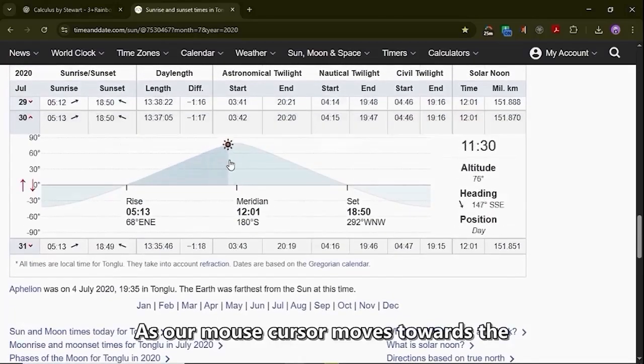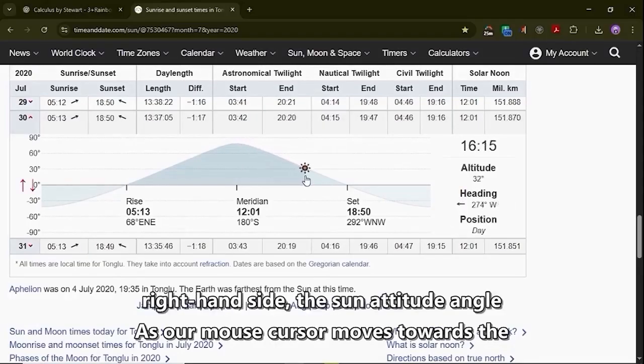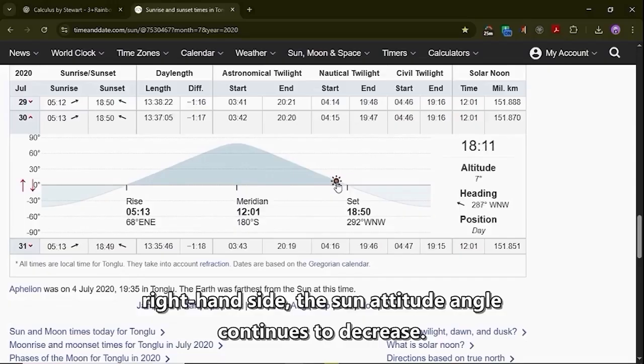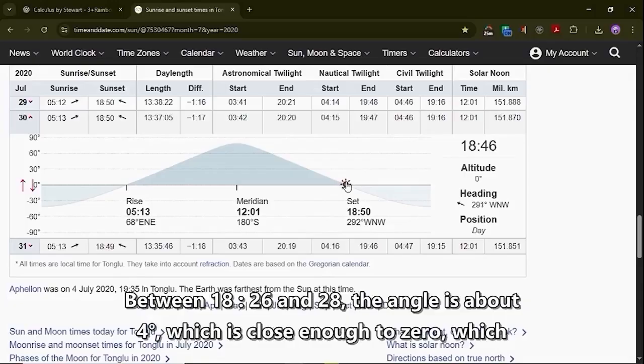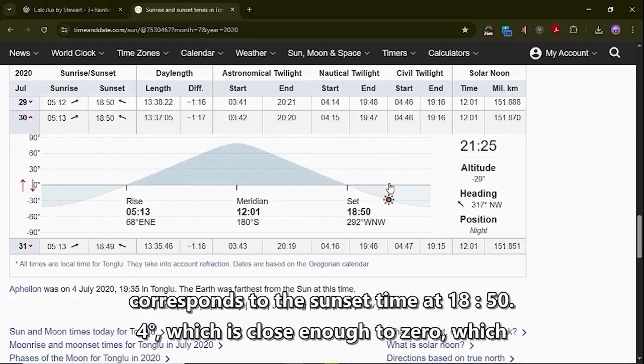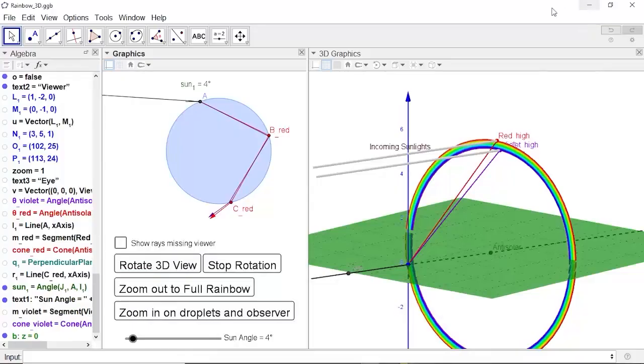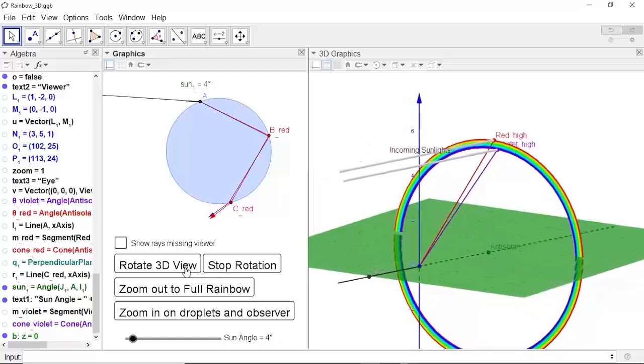As our mouse cursor moves towards the right-hand side, the sun altitude angle continues to decrease. Between 18:26 and 18:28, the angle is about 4 degrees, which is close enough to 0, which corresponds to the sunset time at 18:50.